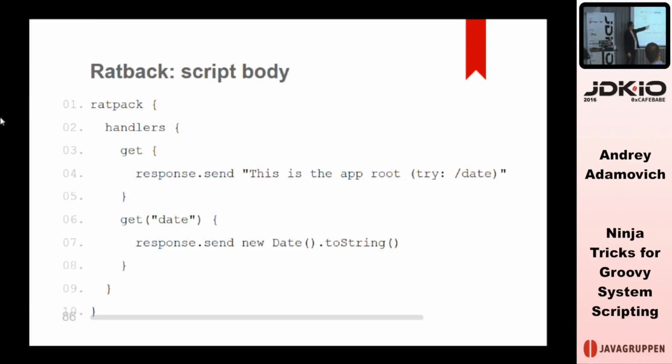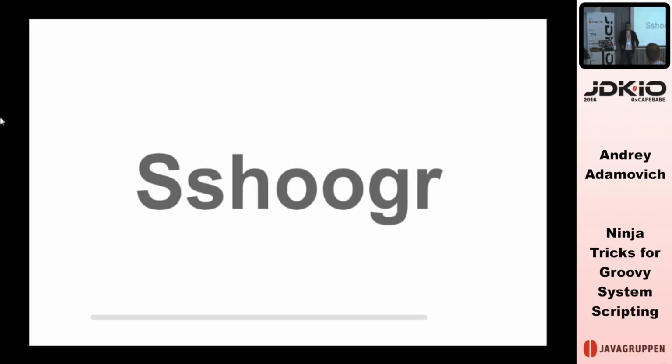Of course, you can put more complex code here, so not just exposing the date, but actually exposing some information about the system in HTML, JSON, XML, whatever it is. And this can run as a server. When you start this, it starts an HTTP server behind the scenes, and you can use that server in your other automations if you need that. I use it quite often as a backdoor if I have no other way to implement proper automation stuff.